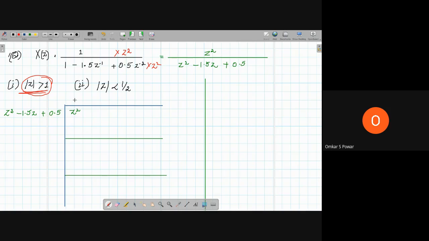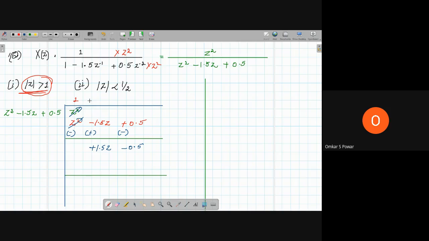What we have to multiply here is 1. So it will be z square minus 1.5 into z plus 0.5. Then we have to change the sign. So let me change the sign for you. This thing, z square minus z square, will get cancelled off, so here you will get 1.5z and minus 0.5.